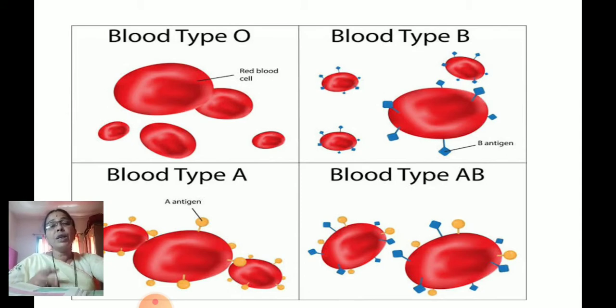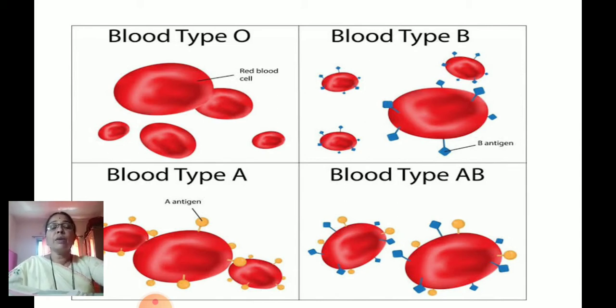If antigen A is there, as you could see here in the picture, then that blood group becomes blood group A. If there are no antigens at all on your red blood cells, then it becomes O.